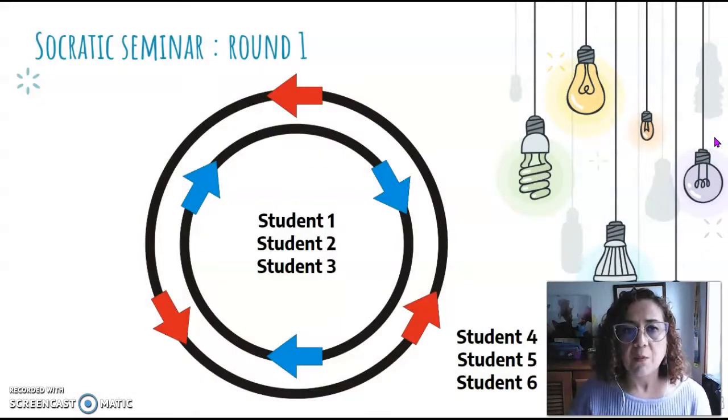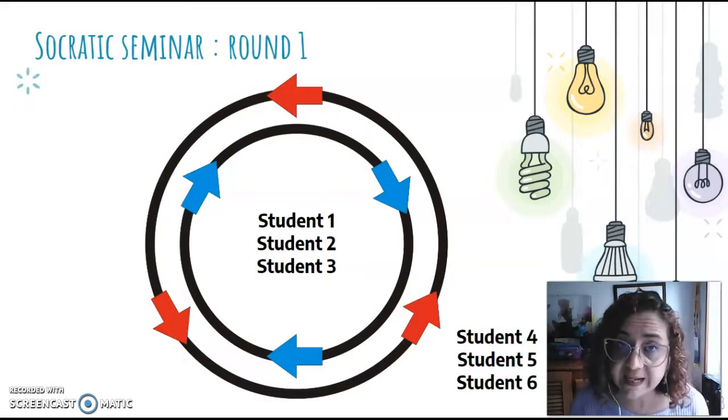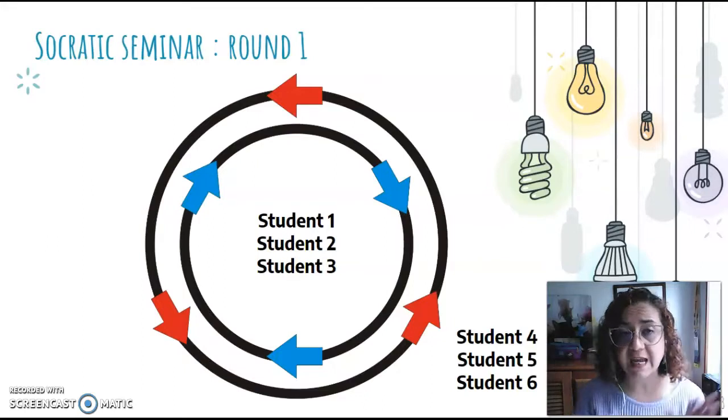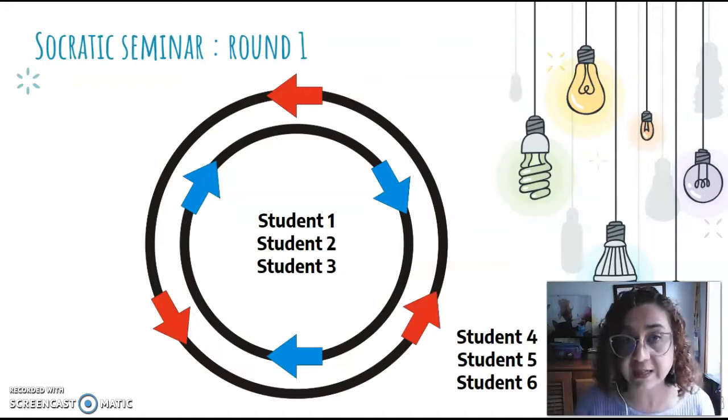So in a Socratic seminar, we are going to base our activity on a reading. So you have the readings about Bloom's taxonomy and about Webb's depth of knowledge. And so we are going to base our Socratic seminar on those two readings, okay? So you read at home and you come prepared to this activity in class.